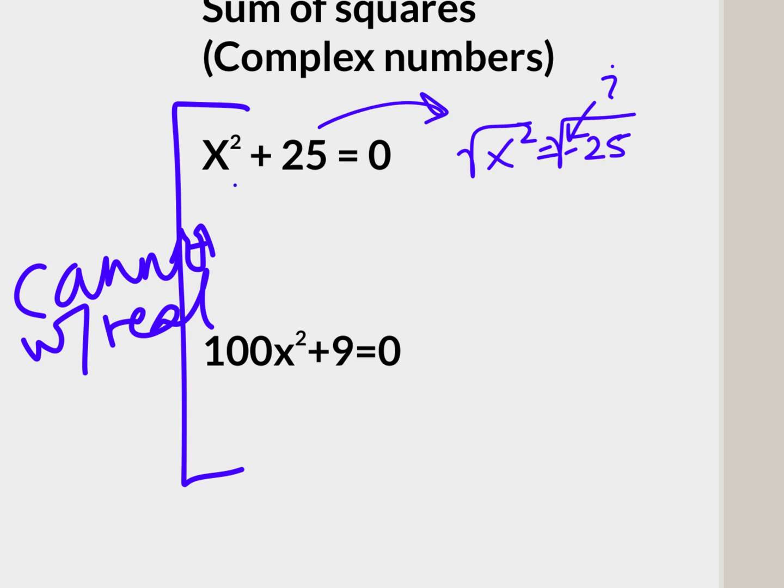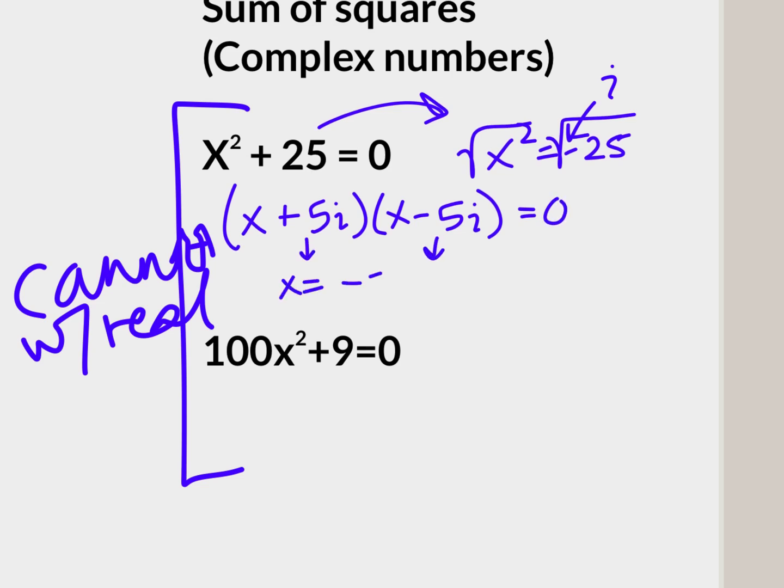So what I can do in factoring is factor this as x plus 5i and x minus 5i, which when I find my solutions using the zero product property, that will give me -5i and +5i as solutions.